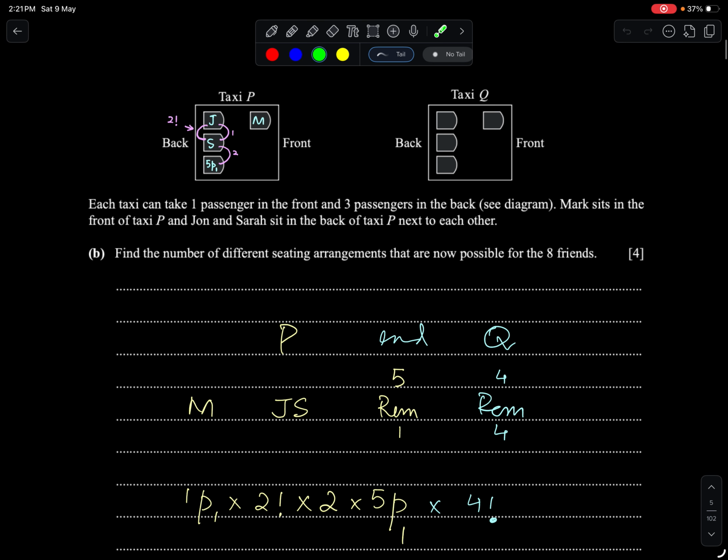Second point. Each taxi can take 1 passenger in the front and 3 passengers in the back. Mark sits in the front of taxi P and John and Sarah sit in the back of taxi P next to each other.